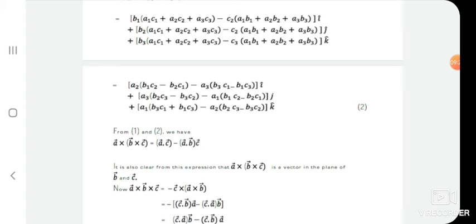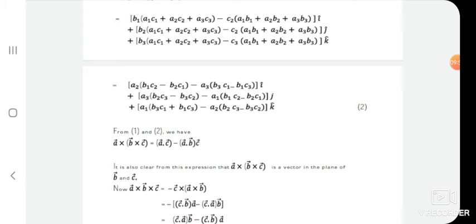Similarly from the k term, if we cancel that term, finally we get A2 into (B1 C2 minus B2 C1) minus A3 in bracket (B3 C1 minus B1 C3) i cap, plus A3 in bracket (B2 C3 minus B3 C2) minus A1 into (B1 C2 minus B2 C1) j cap, plus A1 into (B3 C1 minus B1 C3) minus A2 (B2 C3 minus B3 C2) k cap.